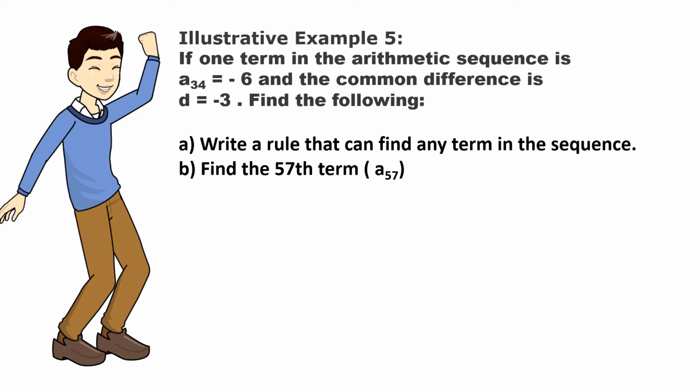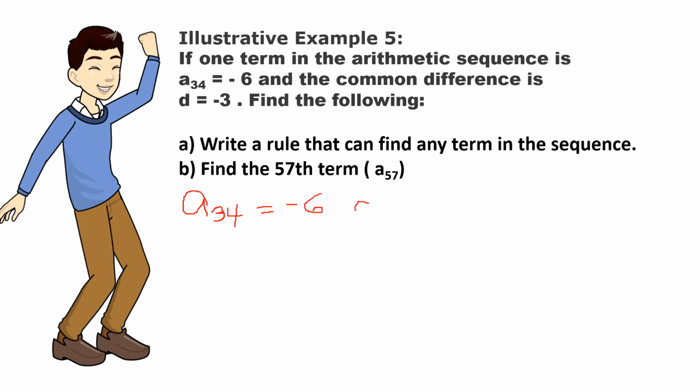Then letter B, find the 57th term of the sequence. So same procedure kung ano lang yung ginawa natin dun sa ating example number 4. So state natin A32 equals negative 6.